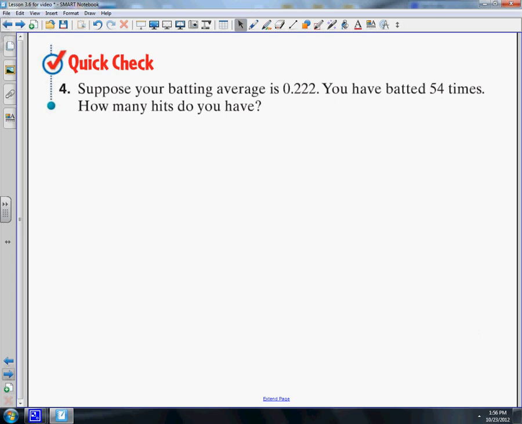All right, suppose your batting average is 0.222. You have batted 54 times. How many hits do you have? So how they figure this out is they take the number of hits you have, let's say 10 hits, and they divide it by how many total at-bats you get.